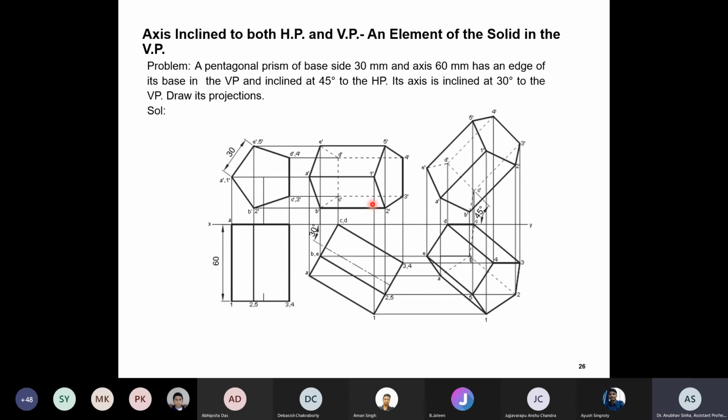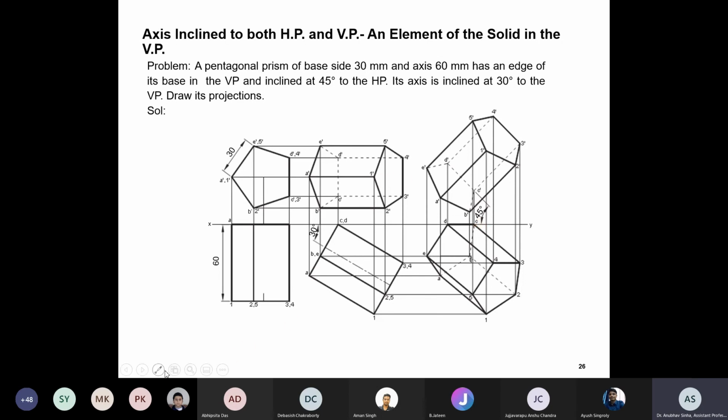Take this figure as it is, just lift it and place it in such a way that this side, D dash C dash, makes an angle of 45 degree with the horizontal plane.